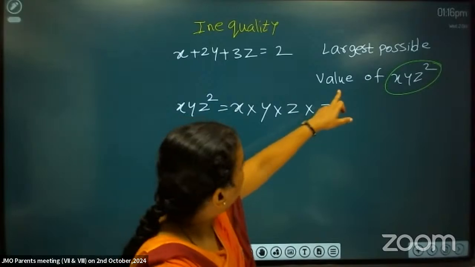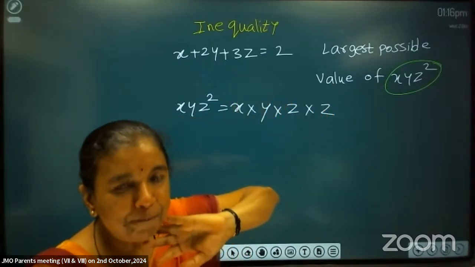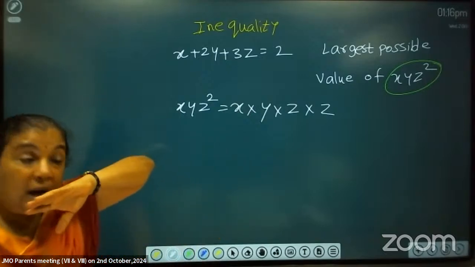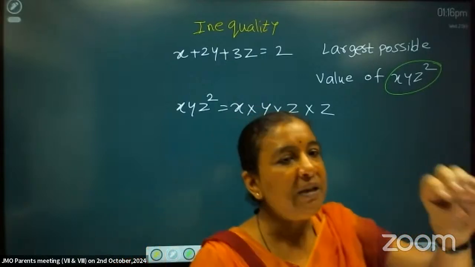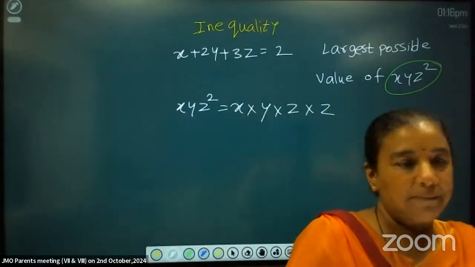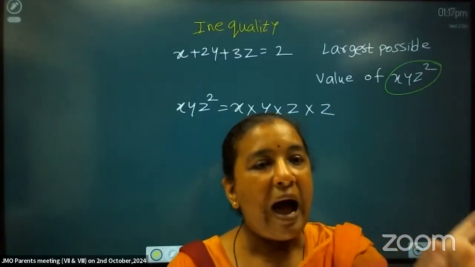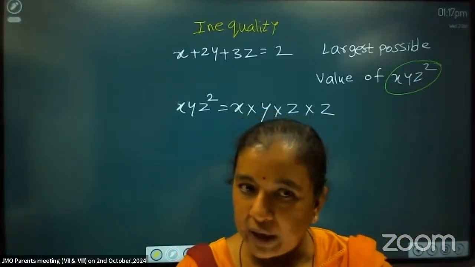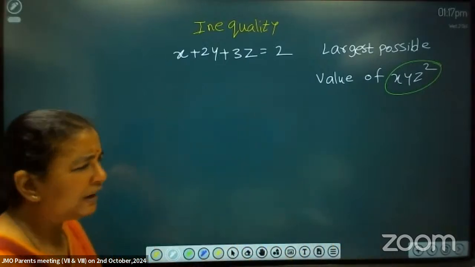That is, z to the power 1, z to the power 1, y to the power 1, x to the power 1. So, I will split the given terms. Three terms are given, x, 2y, and 3z. But z is square. So the term containing z, I will split in two parts. Okay. So see how we do. I'm just teaching you the technique, that too very briefly.